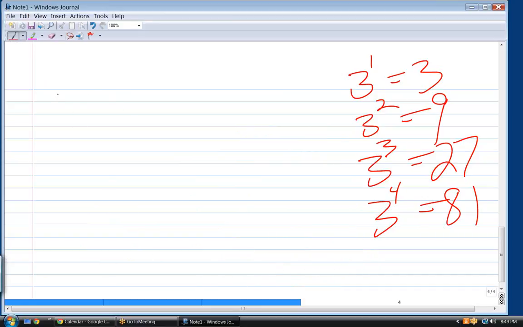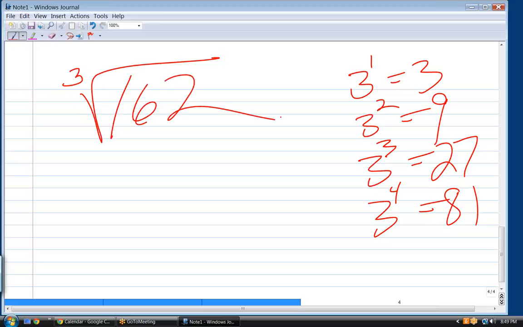Right. What is the cube root of 162? So separate that in a manner which allows you to pull a whole number out. 81 goes in twice. Okay? But 81 is 3 to the 4th power, which doesn't do us any good.